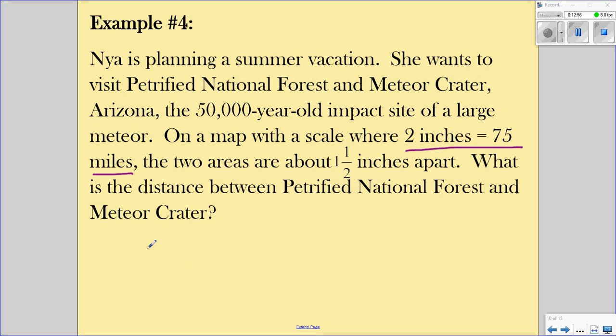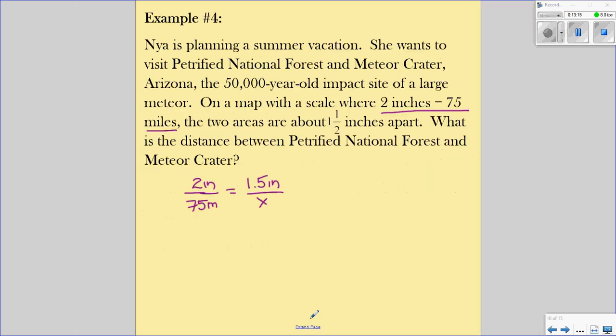Okay, so they gave you the scale, 2 to 75, so 2 inches to 75 miles, and they gave you what it is on the map, which is 1.5 inches. So what is it in actual size, in mileage? So you set that up, make sure everything is set up correctly, and so that will be 2x, and then 75 times 1.5 gives you 112.5.